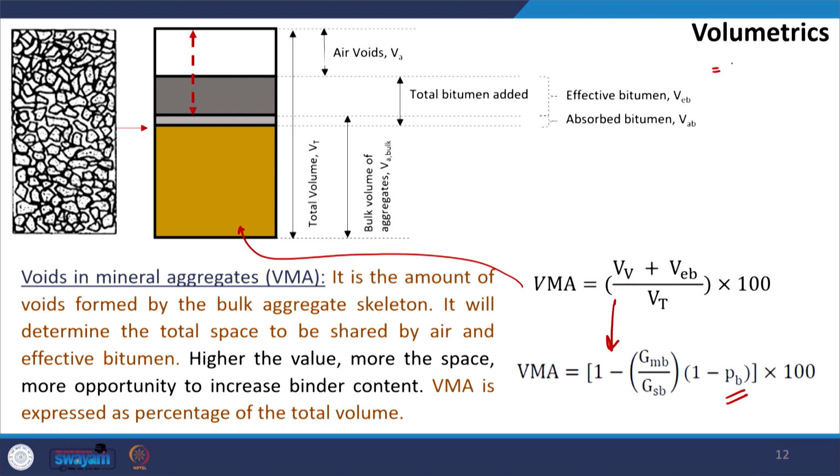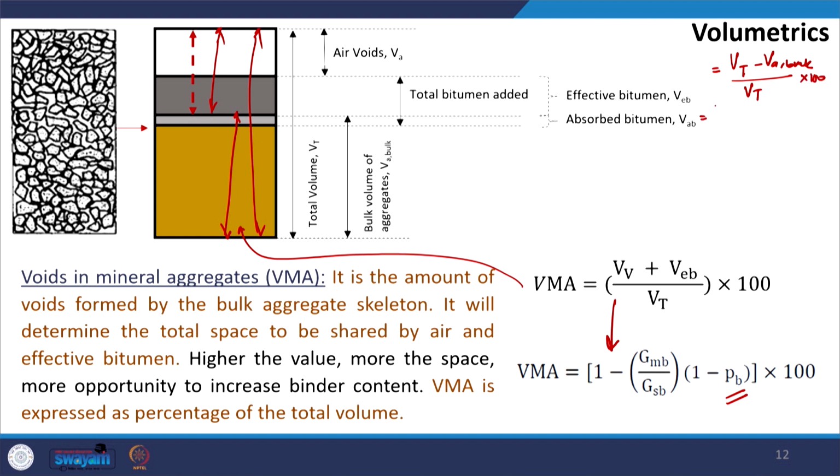In the numerator you have VV plus VEB. This I can write as VT minus V aggregate bulk, I hope it is fine, because this volume is equal to the total volume minus this volume, and this is the volume of aggregate bulk divided by VT into 100.